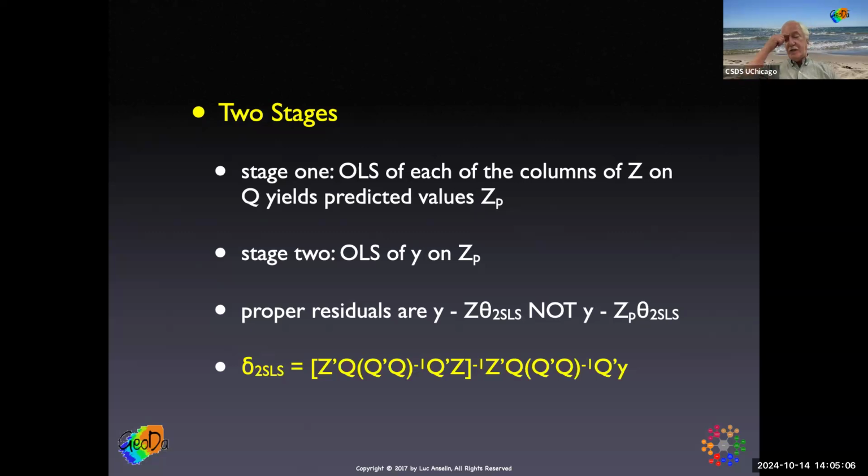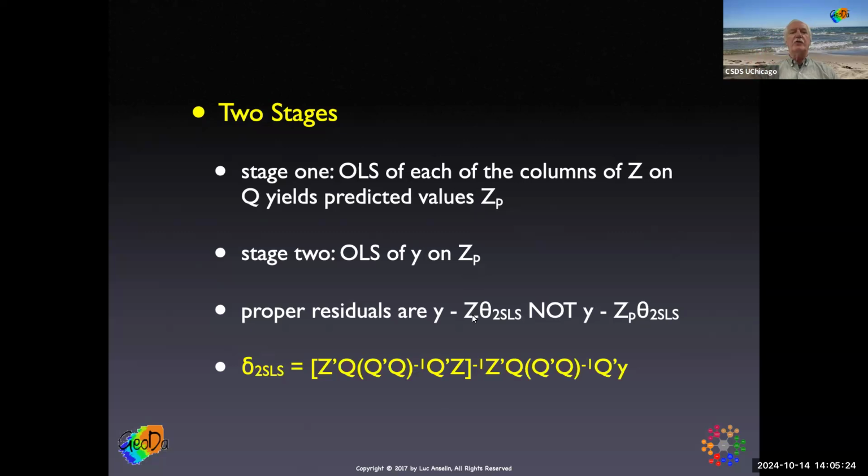Now, there's a slight catch. If you have the residuals, you can't take the residuals from this second regression because this is the wrong explanatory variable.